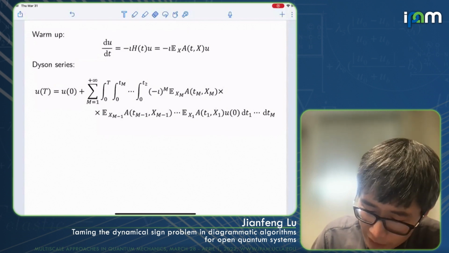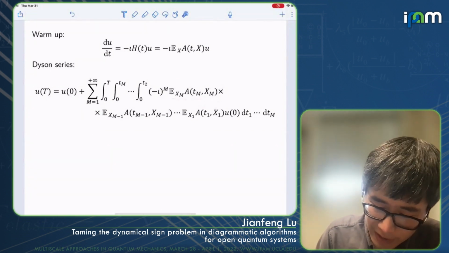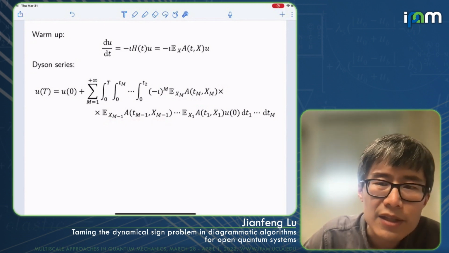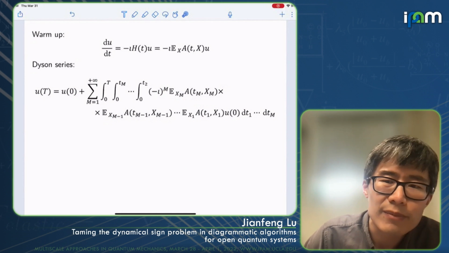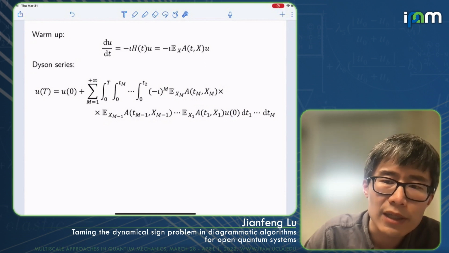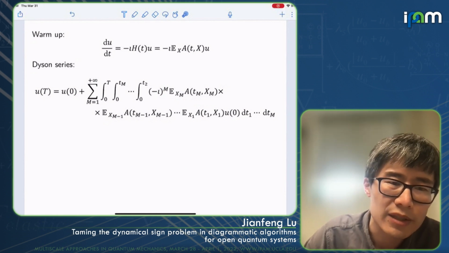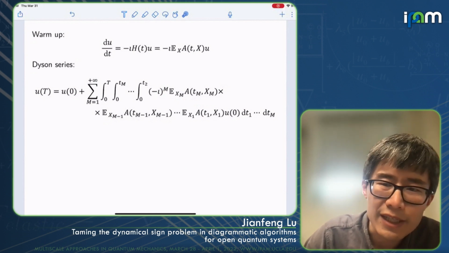If you still feel a bit dizzy about these expectations, just think about this expectation as the Hamiltonian, and then this formula hopefully looks very familiar to you. For mathematicians, you just apply the Duhamel principle and substitute the equation that you have into the right-hand side. So far so good, I guess.